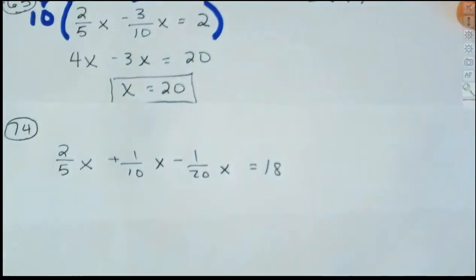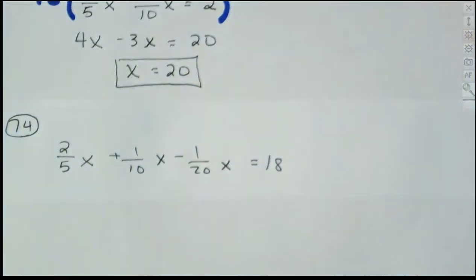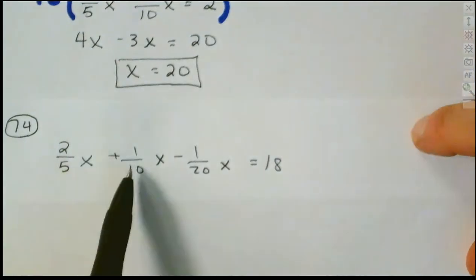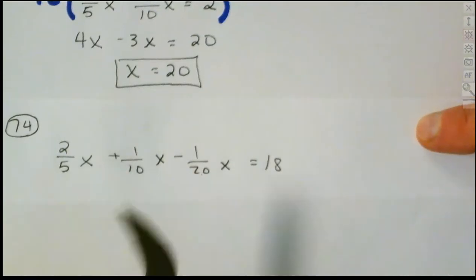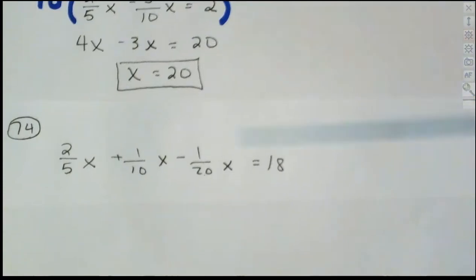Okay, so I want to go ahead and get rid of all of these fractions. And I've got a 5, a 10, and a 20. Well, 20 is going to go into all of them, isn't it? Right? It's 20 going into 5, 10, and itself. So we're now going to multiply everything by 20.